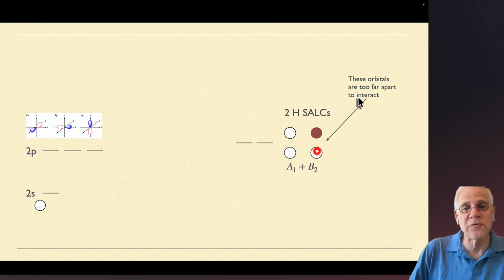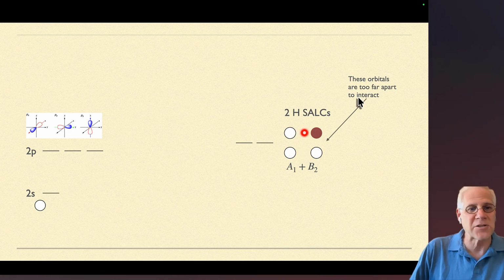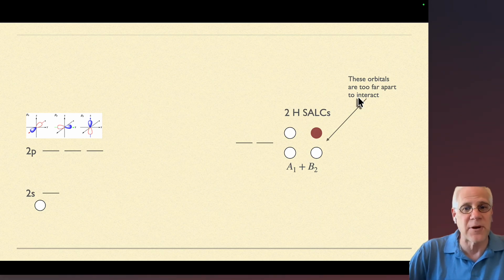They're too far apart to interact in any kind of bonding way. We will see a little bit later in the lecture where they can have an impact on the energy, but nothing really significant. So we're not going to worry about it at this point. For right now, just think of these. These don't make a bonding interaction, and these don't make an anti-bonding interaction because they're going to want to focus with the oxygen atom for now.